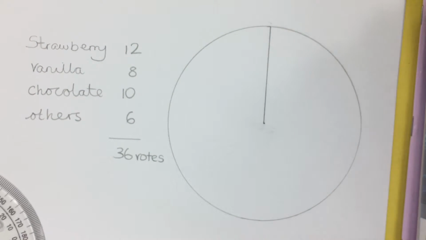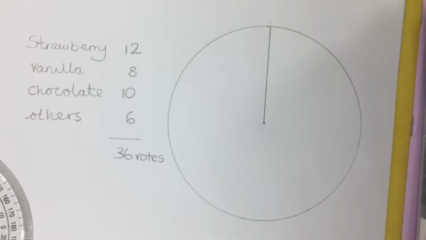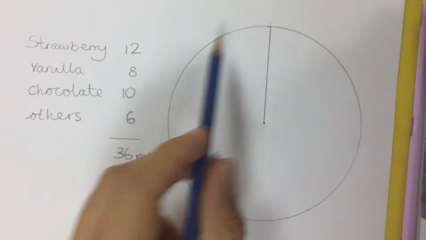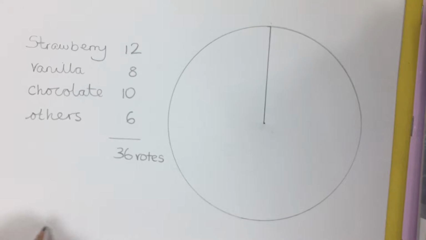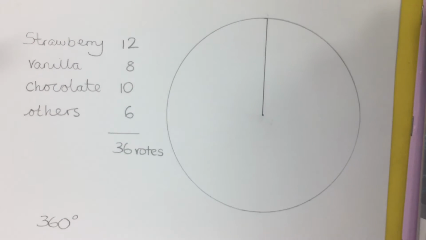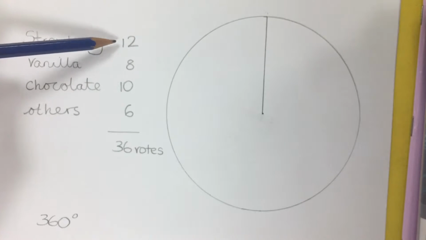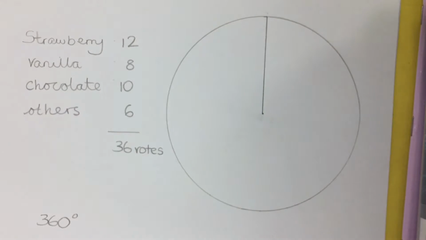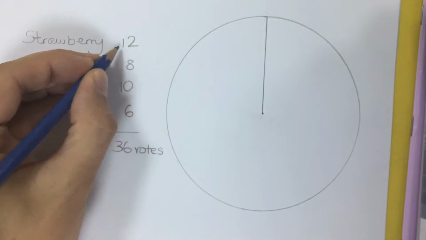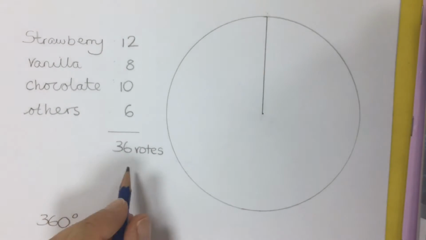Now, as I said before, when we are constructing a pie chart, we need to think about how many degrees there are in a circle. So in a circle we know that there are 360 degrees. To work out how many of those 360 degrees strawberry, vanilla, chocolate and others are going to take up, we need to know how many degrees each vote, each child, is worth.